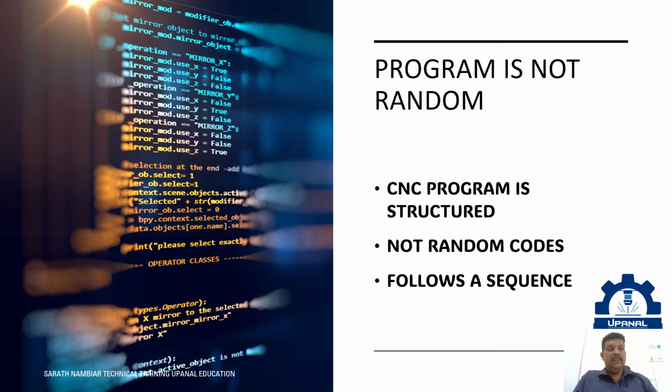Each and every line has a purpose, and each line comes in a sequence. It is not random at all. It is actually very organized. But when you don't understand the structure, everything looks random. Once you understand the flow, you will start seeing order instead of confusion. So from now on, don't look at CNC codes as random letters. Look at them as a structured set of instructions.